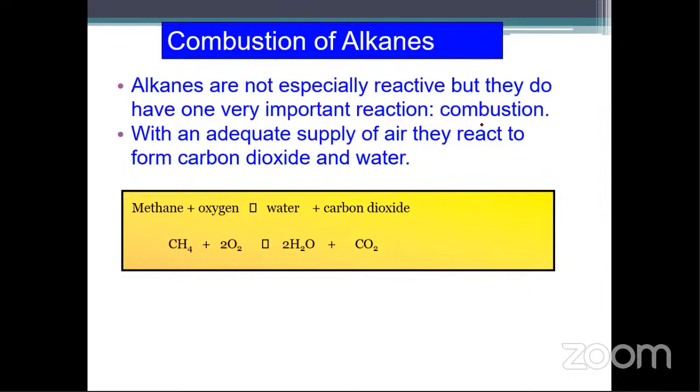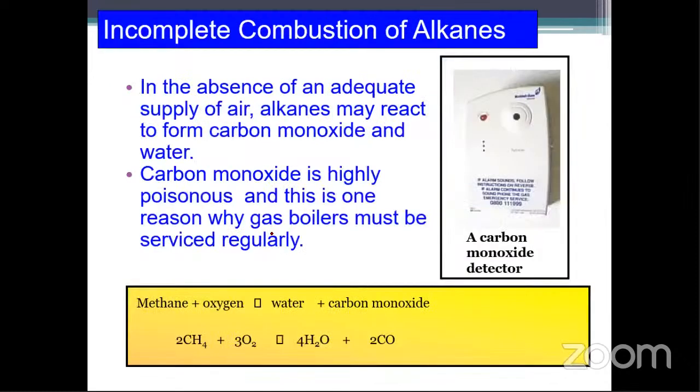Combustion is when you burn the hydrocarbon in oxygen, and this should be an arrow right here. So if you have methane, you react it with some oxygen, you will get water and carbon dioxide. And that is what we call complete combustion, because you have enough oxygen.